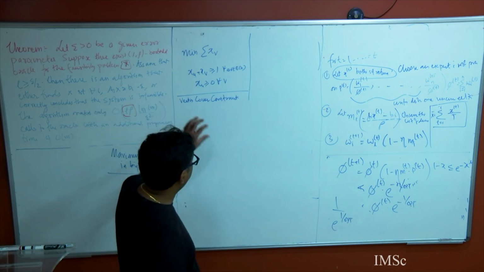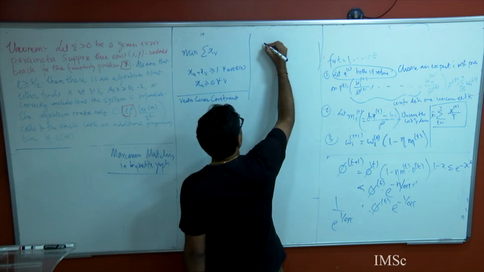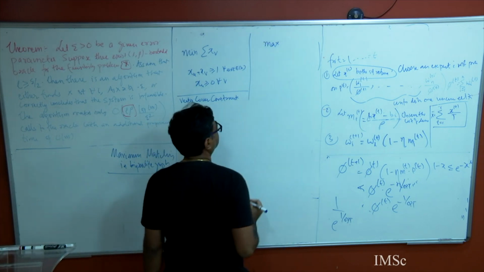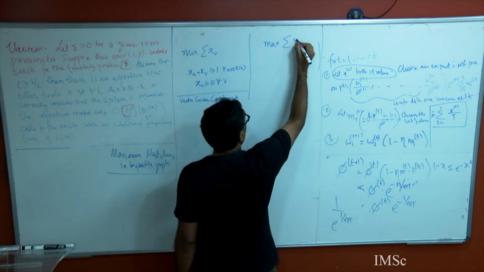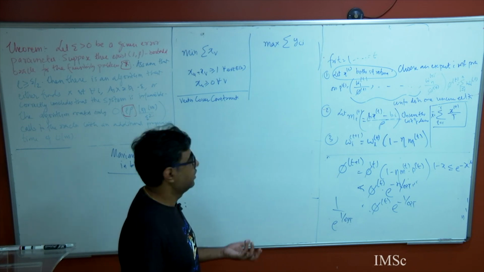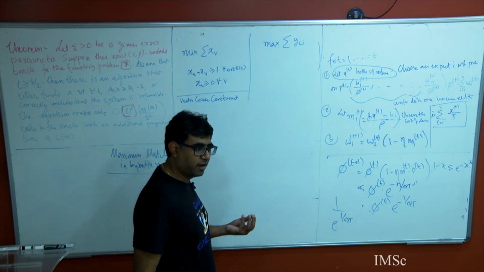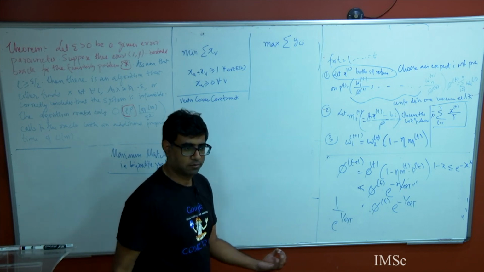Agreed? What will be the matching constraints? It's a maximization version of the problem. So this is nothing but: max summation y_ij, for each edge. I want to maximize, and what is the constraint? For every vertex we should pick at most one edge, right?